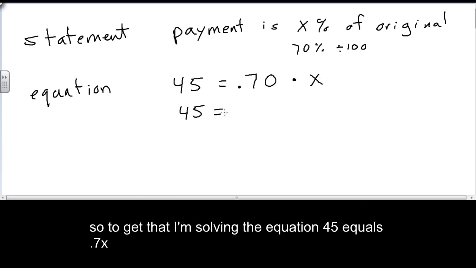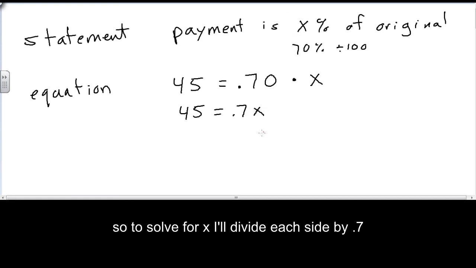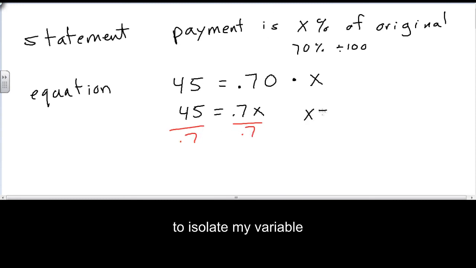So to get that, I'm solving the equation 45 equals 0.7x. To solve for x, I'll divide each side by 0.7 to isolate my variable. When I divide 45 by 0.7, I'll get 64.2857.